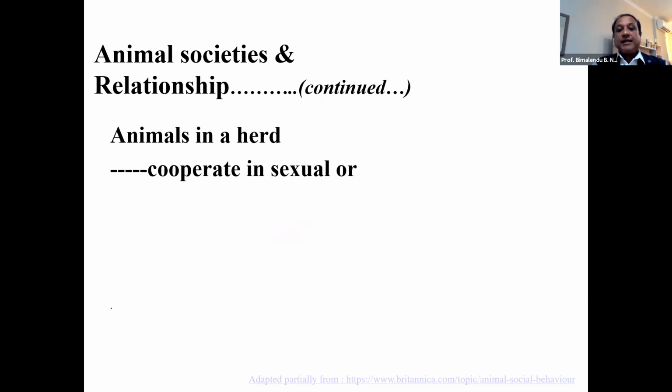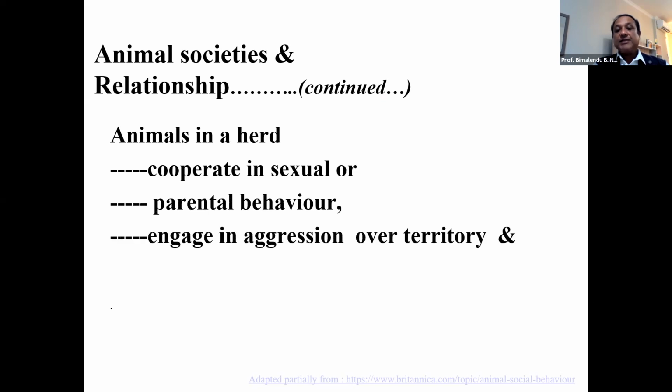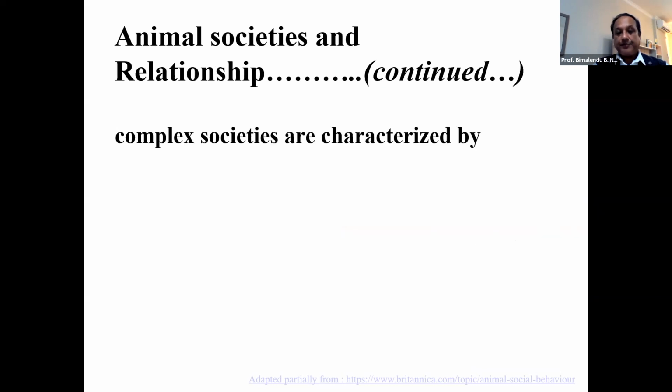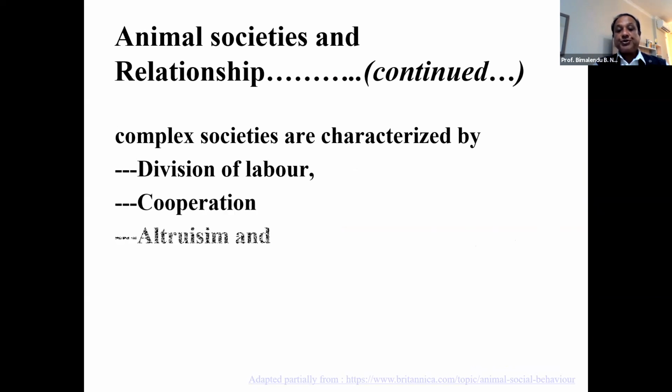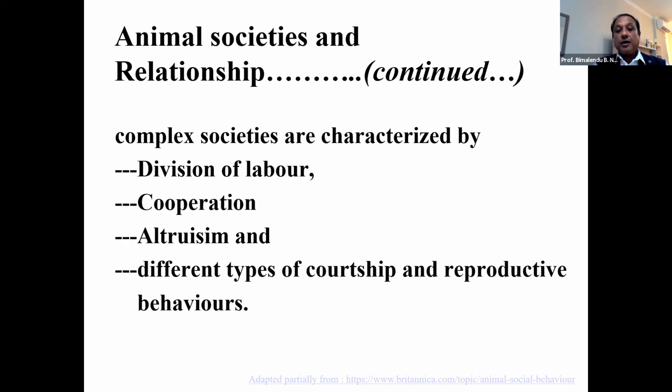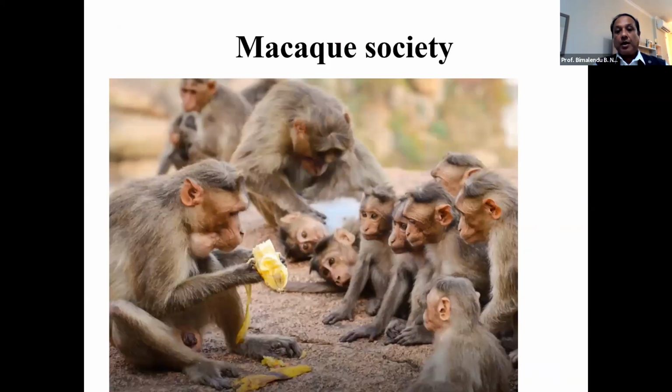Now, animals in a herd cooperate in sexual or parental behavior. They engage in aggression over territory and compete for mates. Complex societies are characterized by division of labor, cooperation, altruism, and different types of courtship and reproductive behaviors.